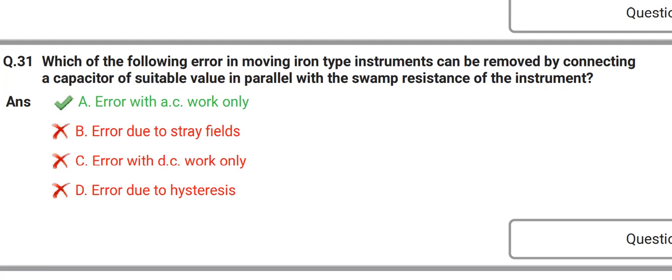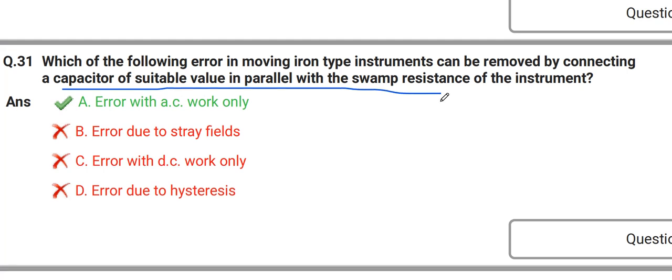However, this error can be eliminated by connecting a condenser or capacitor of suitable value in parallel with the swamp resistance of the instrument.